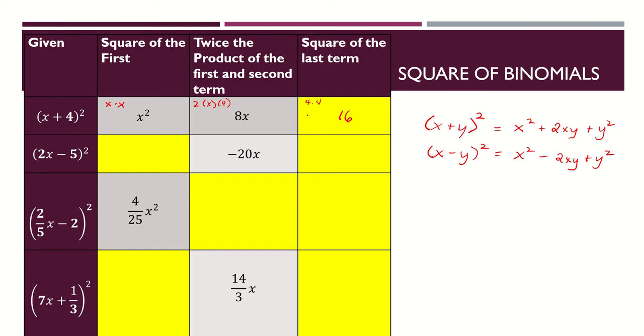For the second one, ganun din. So, square of the first, if your answer is 4x squared, then you are correct. Tapos, saan galing yung 4x squared? It's from 2x times 2x. Okay? Next, negative 20x is from 2 times 2x times negative 5.